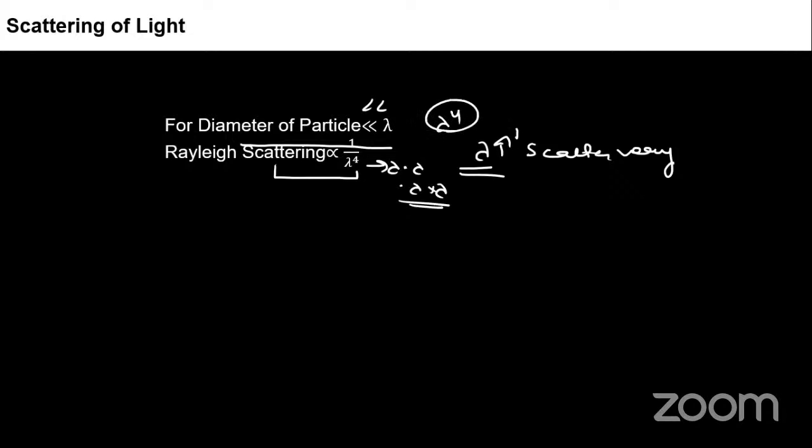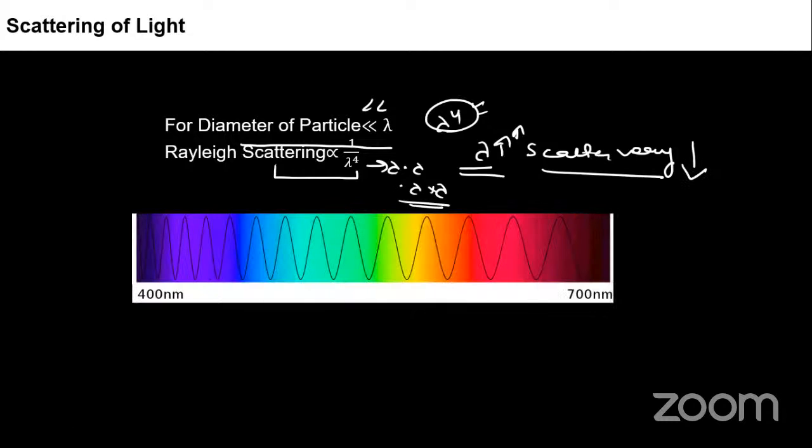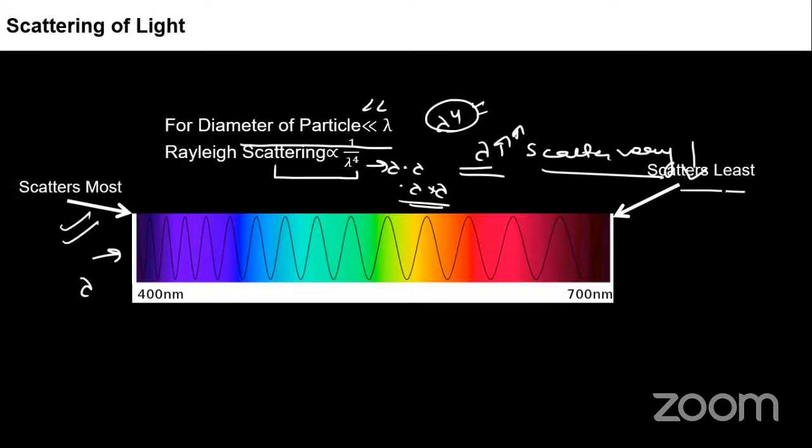If you do a little increment, scattering will decrease by a large magnitude. So that's why in the spectrum, violet has the least wavelength and is scattered the most, and red has the longest wavelength and is scattered the least.